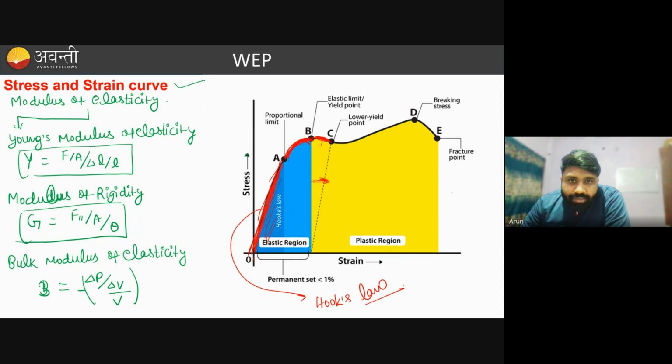So this point B is called the yield point, or you can say the upper yield point, and C is the lower yield point. From B to C, with the decrease in stress, there will be an increase in strain.